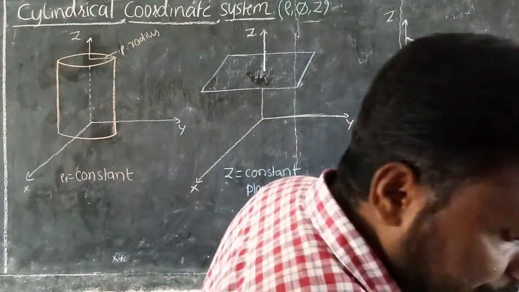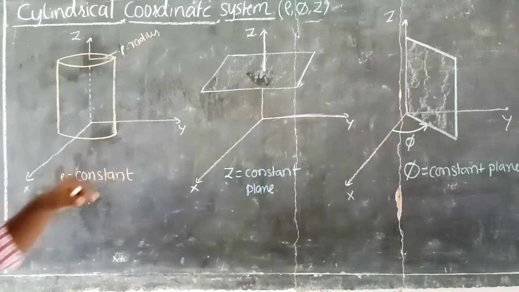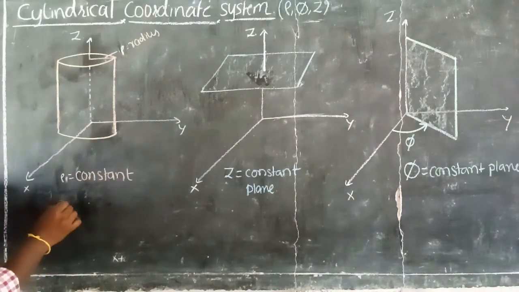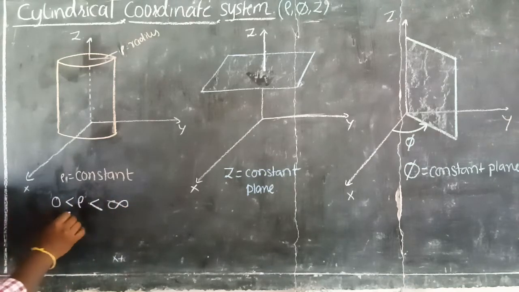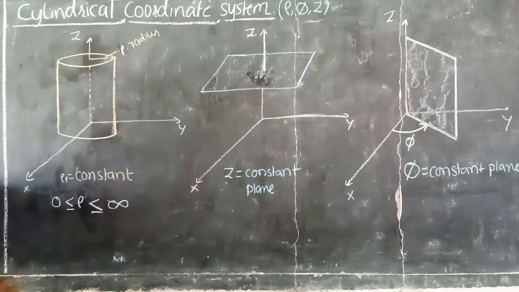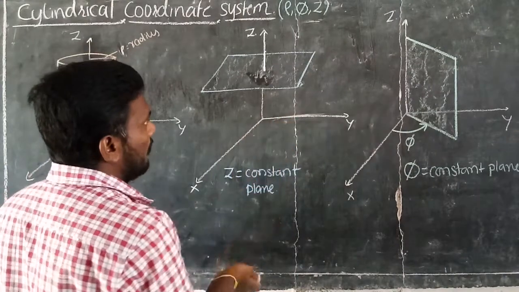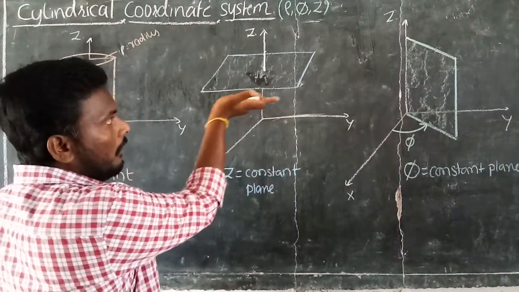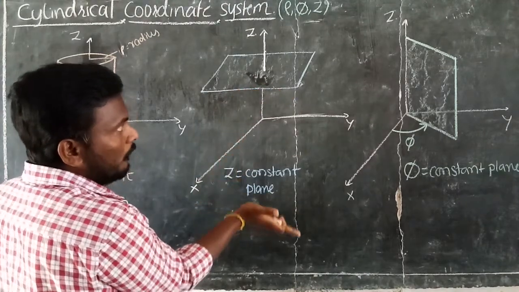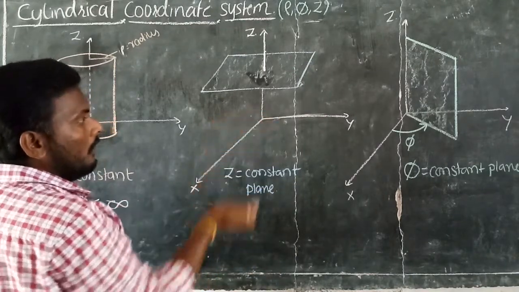Now see, the ranges of these three surfaces in the cylindrical coordinate system are: rho is taken from 0 to infinity, 0 less than or equal to rho less than or equal to infinity. The constant z plane can be taken from minus infinity to plus infinity on the z axis, parallel to the xy plane.